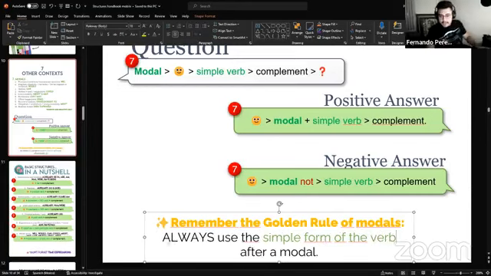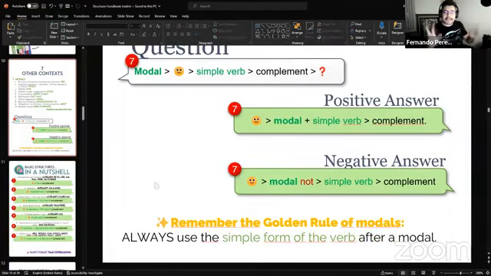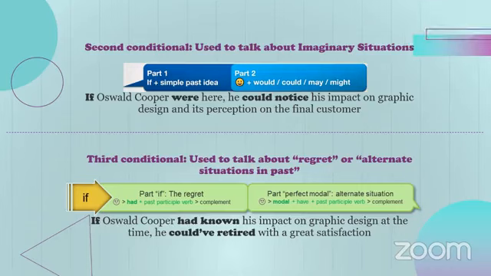And we usually confuse the simple form of the verb with the present simple. And I'm going to tell you the difference. Okay? The difference is clear when you talk about he, she, it. Because if I say, I go to the cinema, you go to the cinema, but he, she, it goes to the cinema, right?